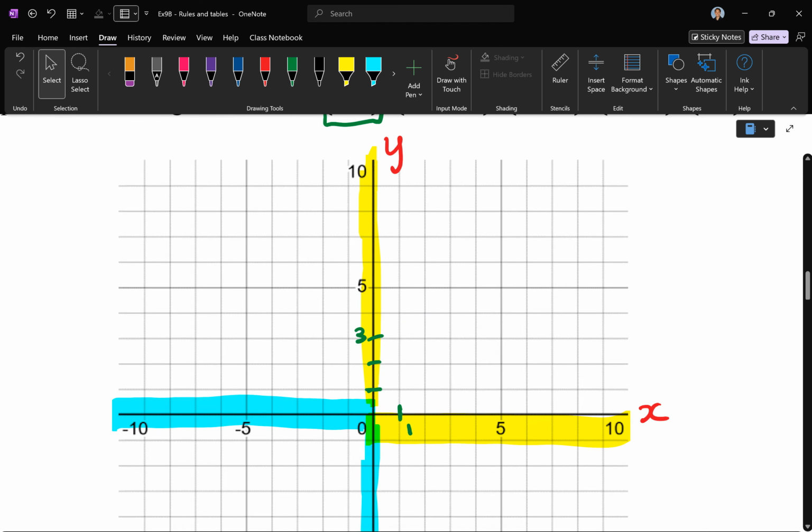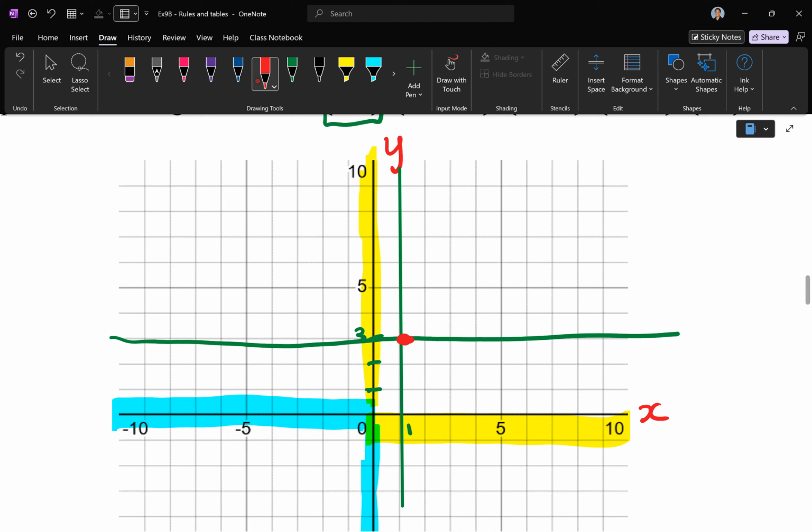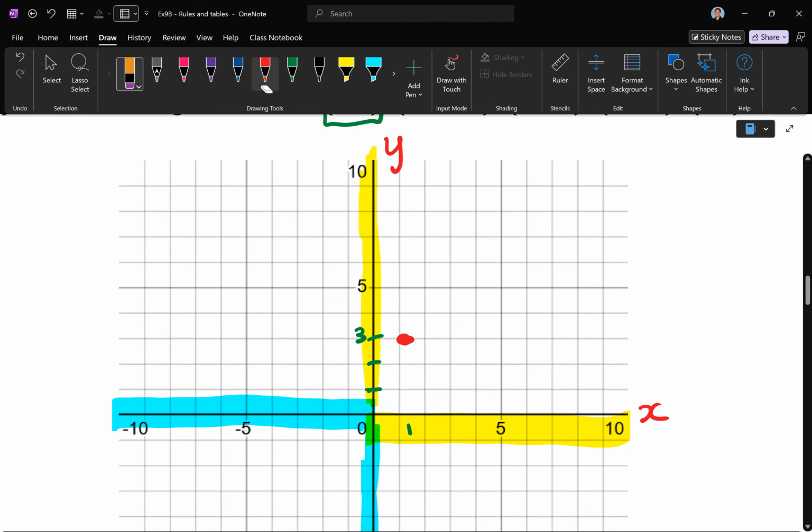This is where 3 is. That's the line for 3. This is the line for 1. So where do they both intersect? They both intersect right at this specific point. This is the coordinate where your X is 1, but then your Y coordinate is 3. That is why we say this point is 1, 3.